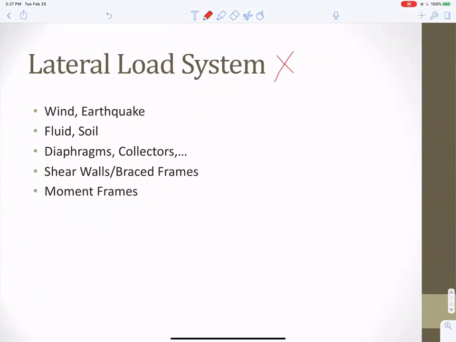We will not be doing this in our project, but typically in our capstone project, you will. You would design the lateral load system that would handle wind and earthquake loads, and maybe fluid and soil loads. And the things you would design are the diaphragms. Typically, even in our capstone class, we skip over designing the collectors.